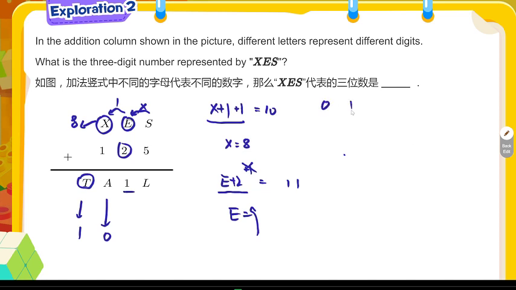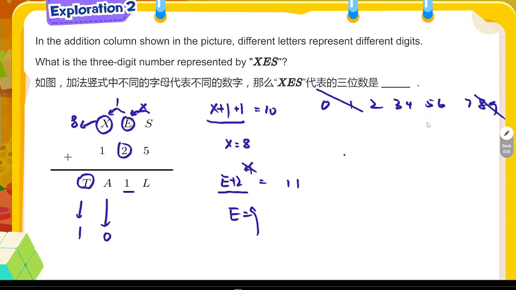We have 0, 1, 2, 3, 4, 5, 6, 7, 8, and 9. We already have 1 and 0 used, and we also have 8 and 9 used. The 1 and 0 are used, so S cannot be 1 or 0, so L cannot be 5 and 6.